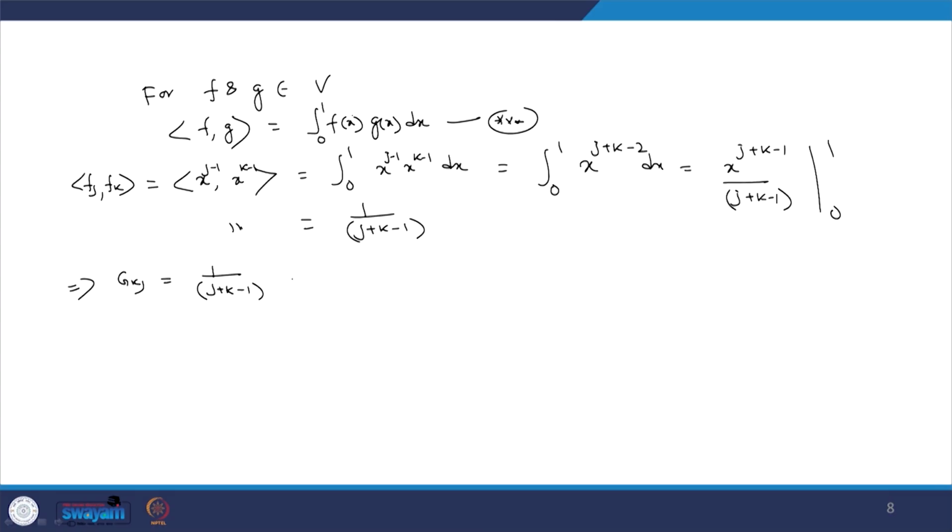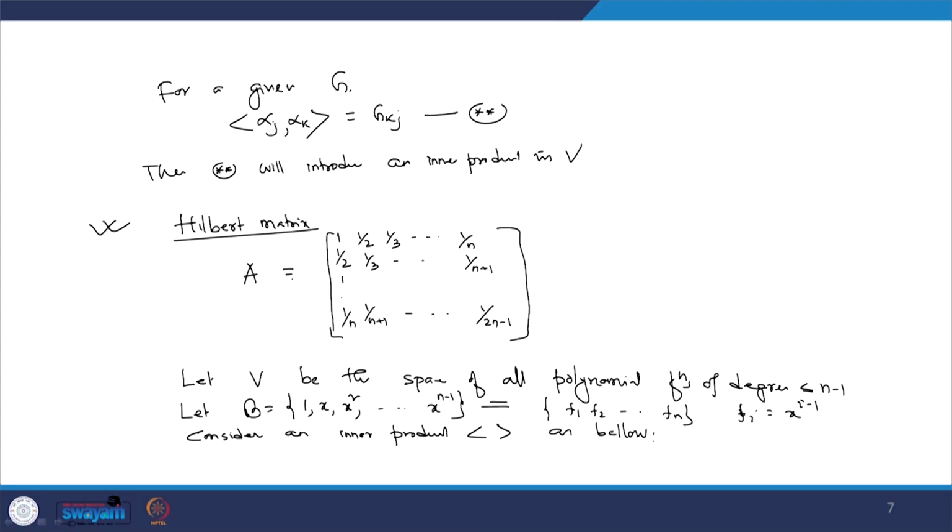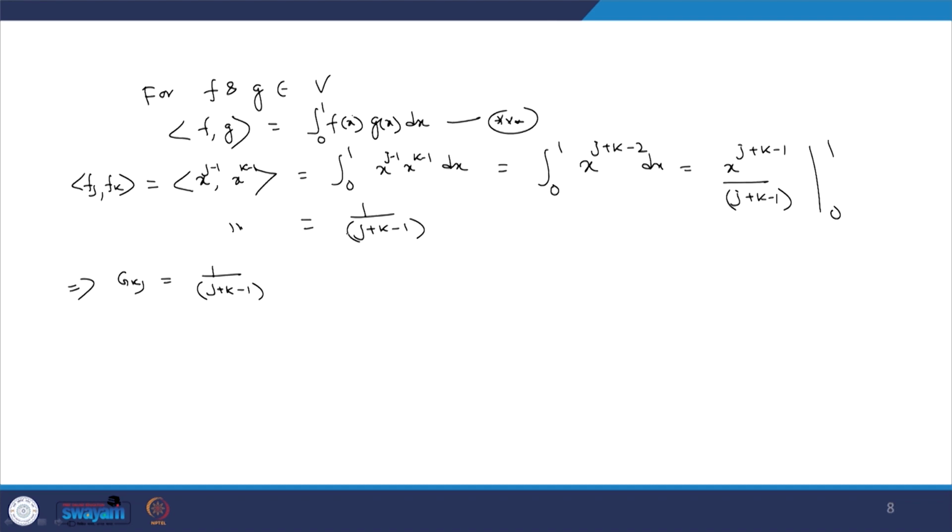See, if I compare with the Hilbert matrix, the kjth entry, let me consider the second entry of the second row, that is 1 by 3. So, g of 2 2 is equal to how much? 1 by 3. Here you see g of 2 2 according to this formula is 1 by 2 plus 2 minus 1, that is again 1 by 3. Okay, so we can check that g kj is equal to this.